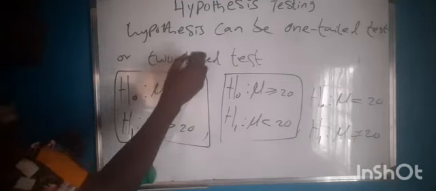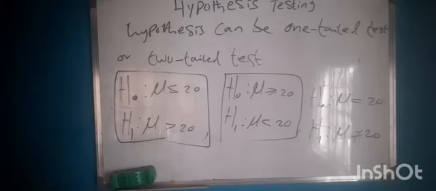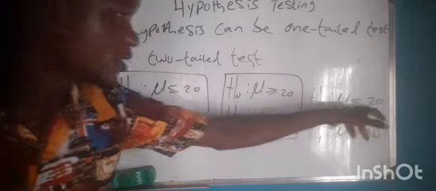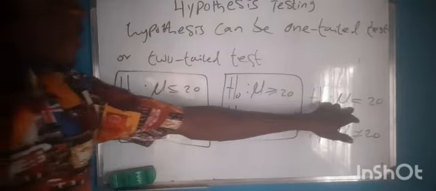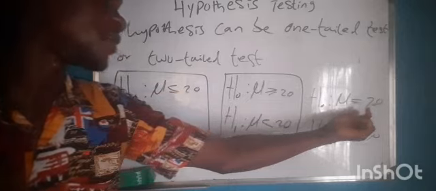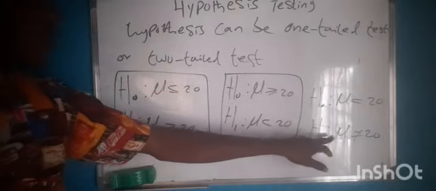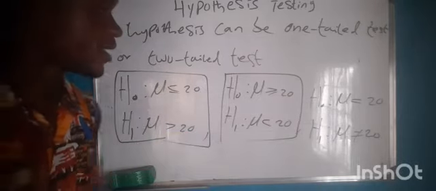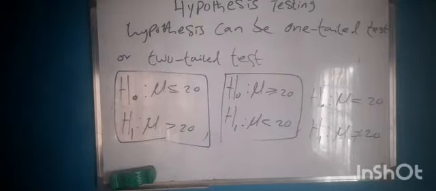So when you have a hypothesis where H naught says mu is equal to 20, this says that our mu is exactly 20. It is specific that our mean is 20. And our alternative, which contradicts the null hypothesis, states that mu is not equal to 20.